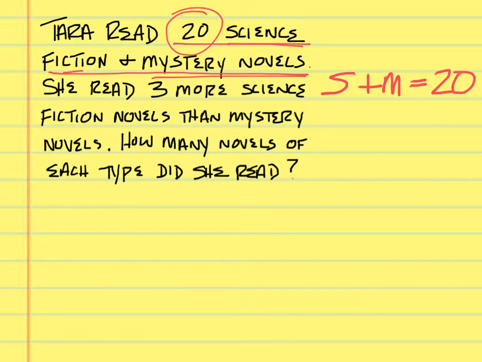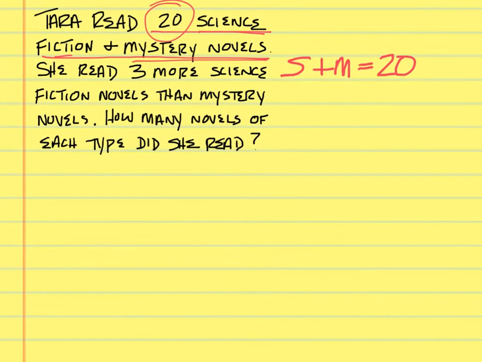So we don't know what that is. What if I just want to take a guess and see what it is? And we'll put M for mystery and S for science fiction. What if she read 3 mystery novels? How many science fiction did she read? 17.